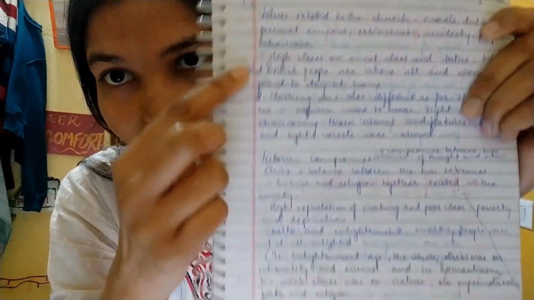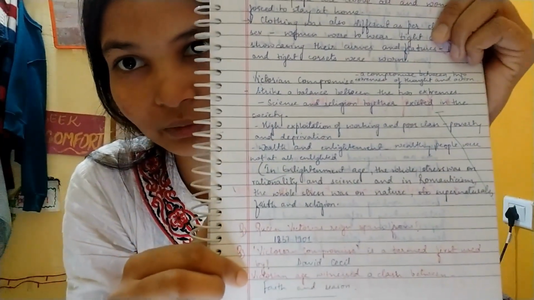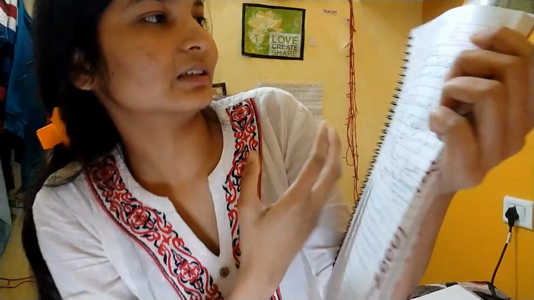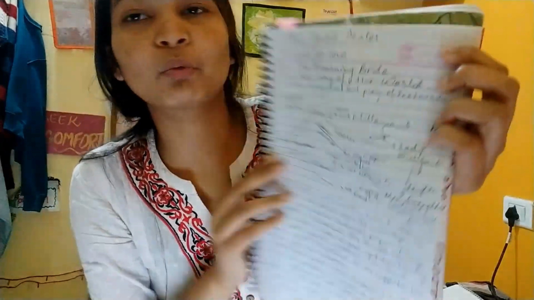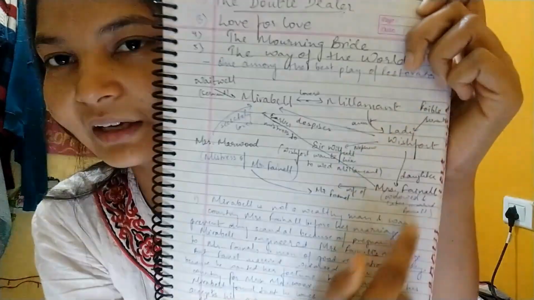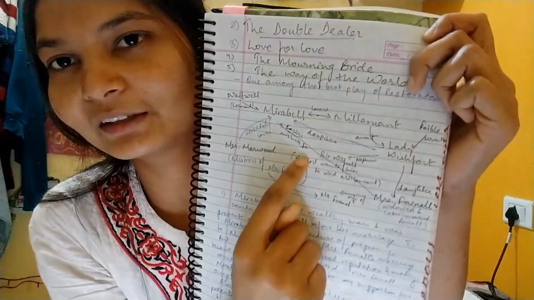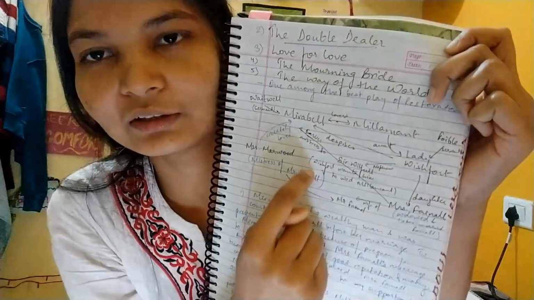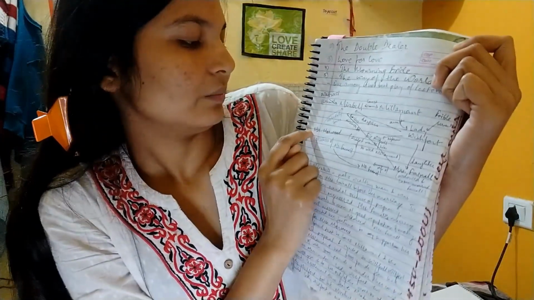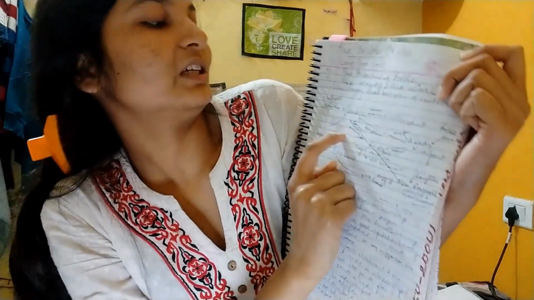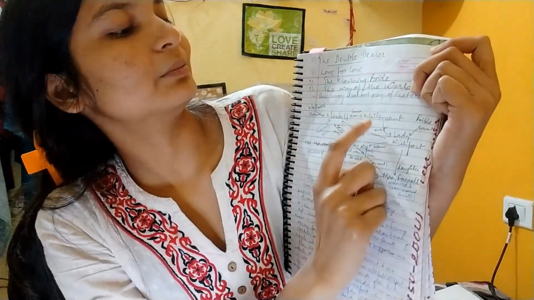Okay, and something similar is here as well. ऐसा arrows. And when it comes to writing the plot summary, so I like making these web kind of things. As you can see, this is The Way of the World. The Way of the World का पूरा यहाँ पे character और सारे characters, and then how the plot changes. So Mrs. Marwood secretly loves Mirabell. Mirabell loves Millamant.